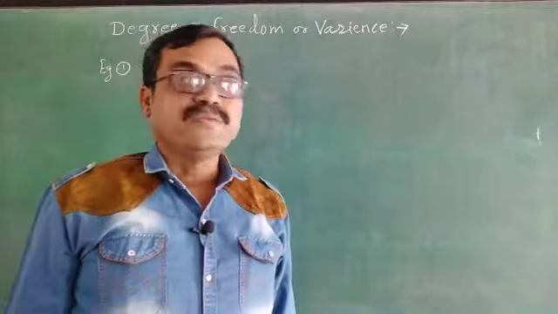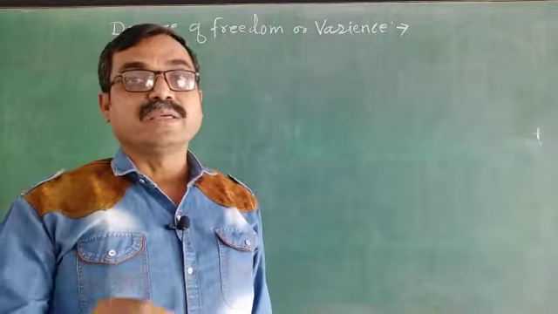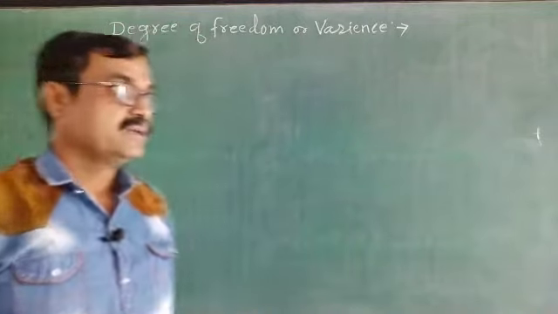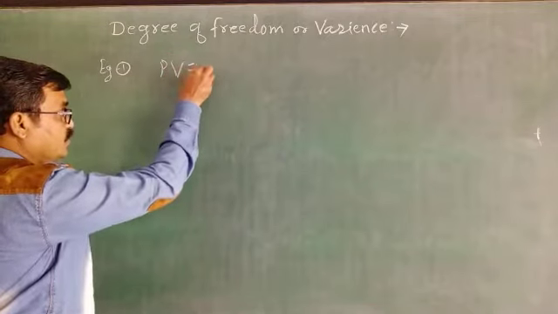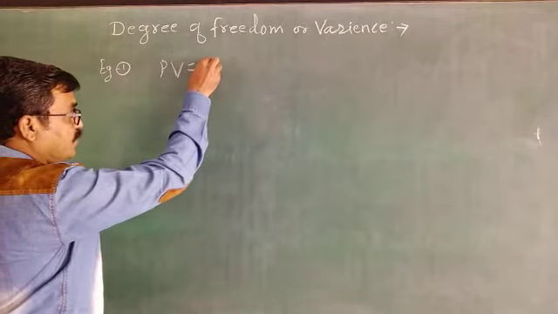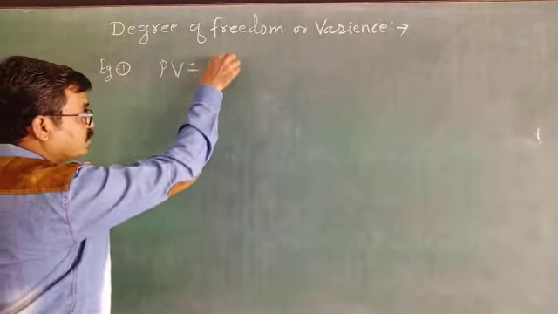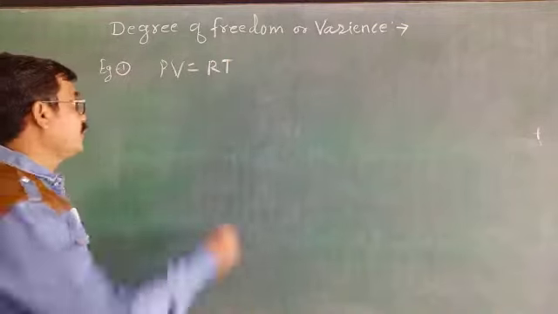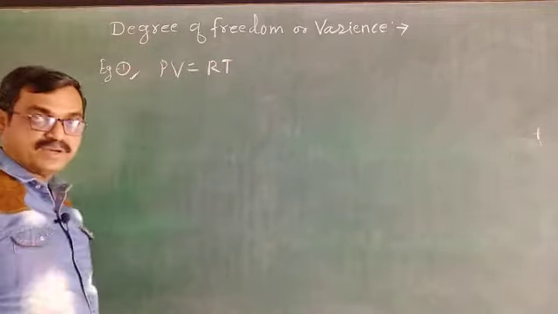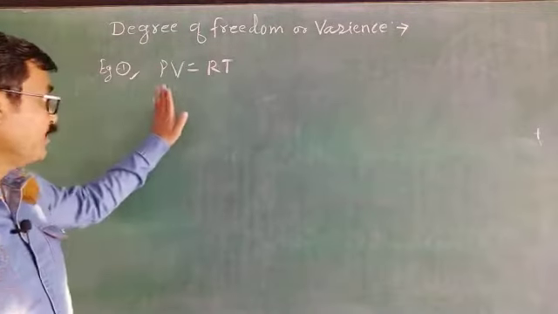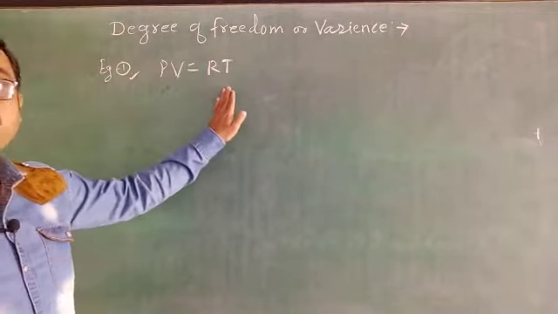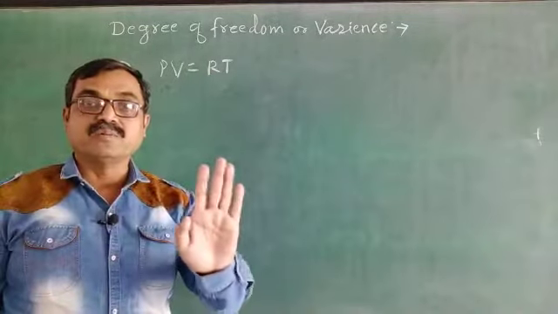Now if we have a gas, then for a given mass of gas, you know the gas equation for 1 mole is PV equals RT. If we have such a system of a gas, PV equals RT is followed for 1 mole of gas.